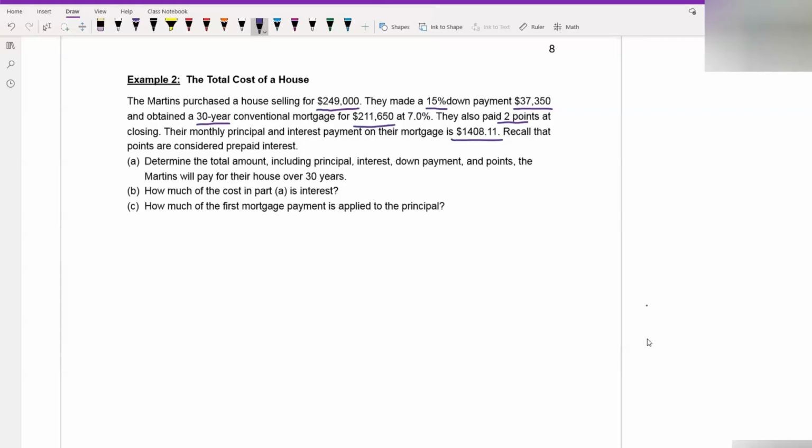And note that points are prepaid interest. Part A, determine the total amount including principal, interest, down payment, points they have to pay for their house for 30 years. First, what is given, we have monthly payment is this number.